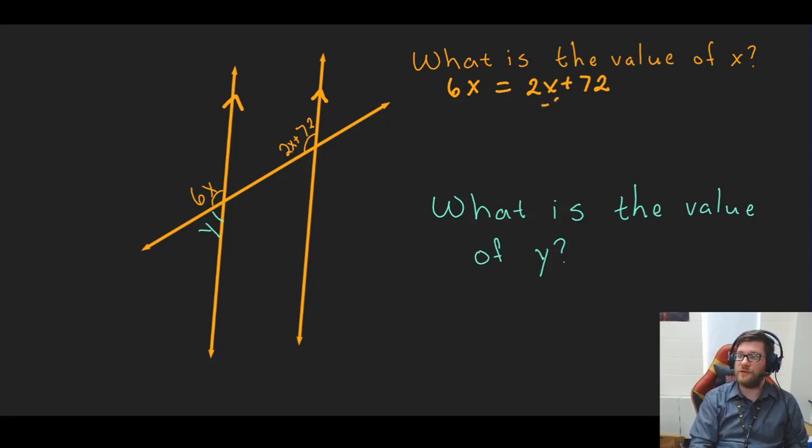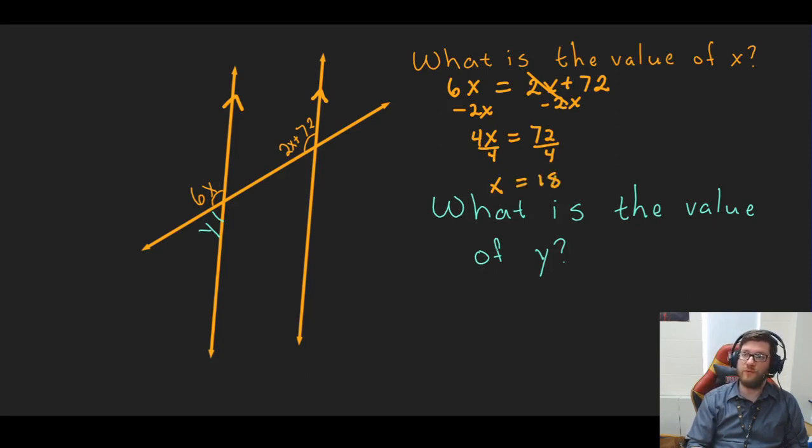First, we're going to subtract 2x from both sides, leaving us with 4x on the left, equaling 72 on the right. And then if we divide both sides by 4, x will then equal 18.